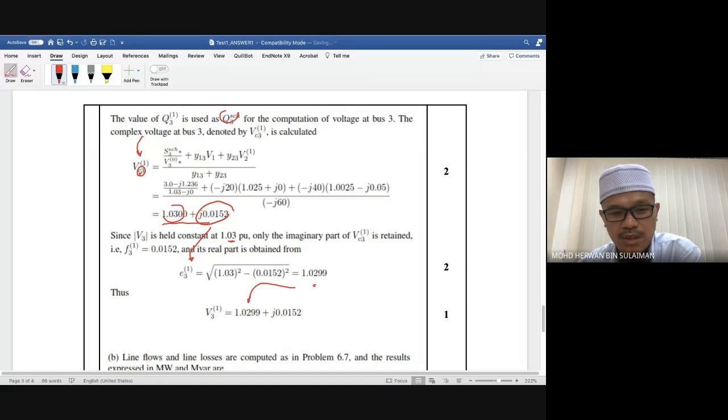Bear in mind your calculation must be done in at least 4 decimal points. Thus you get your V3 as this value. Because when you change it to magnitude and angle, you get 1.03, maintained at 1.03.